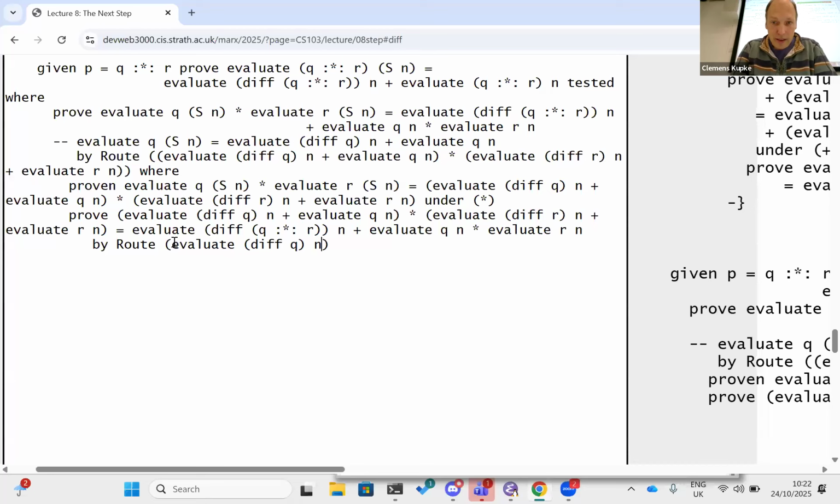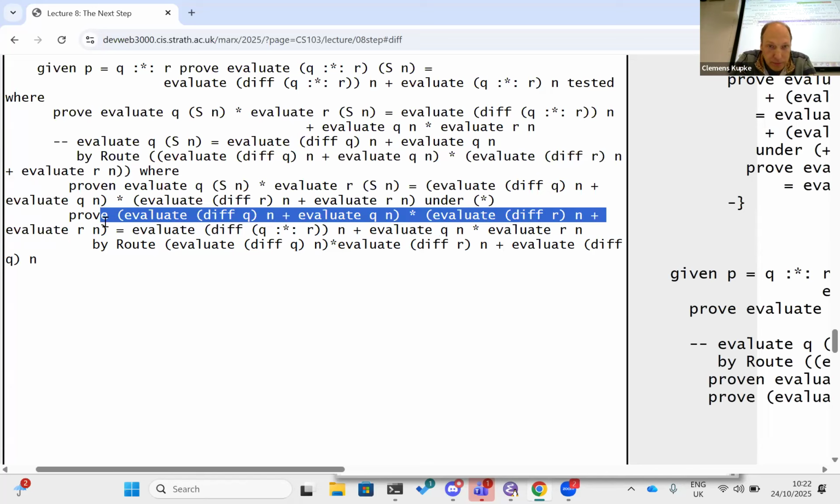So this is the first one, and I'm copying it twice to make it slightly quicker. This needs to be multiplied with the first one of the second sum, and then we sum it with whatever happens next. Oops, here's evaluate Rn.